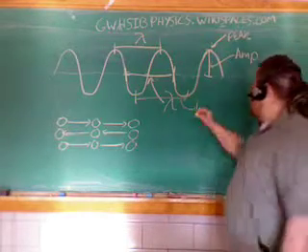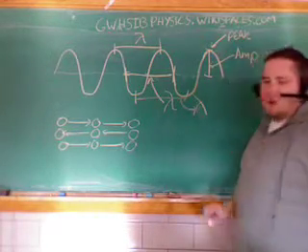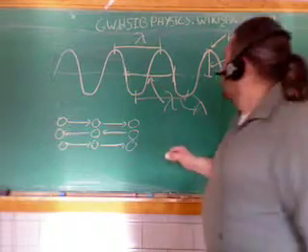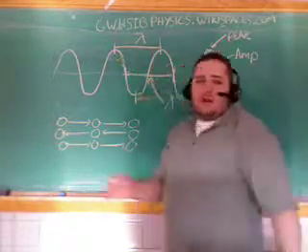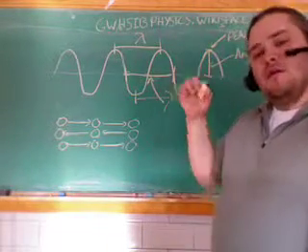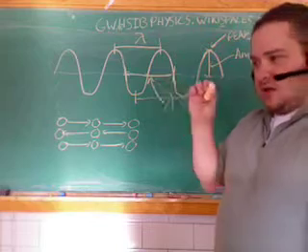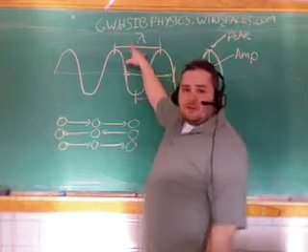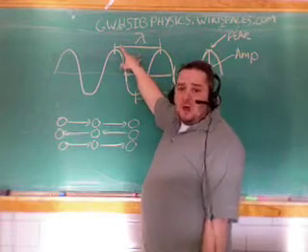So wavelength is just a measurable distance. It's a distance from this point to that point. When we talked about electromagnetic radiation, we talked about radio waves, we talked about gamma waves. We were talking about this distance, for the case of the radio waves, being tens of miles.